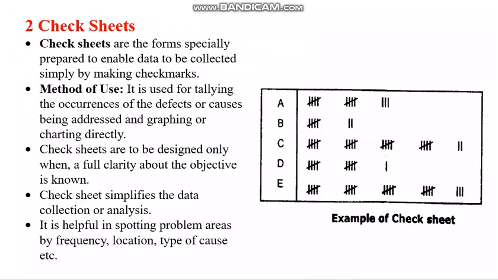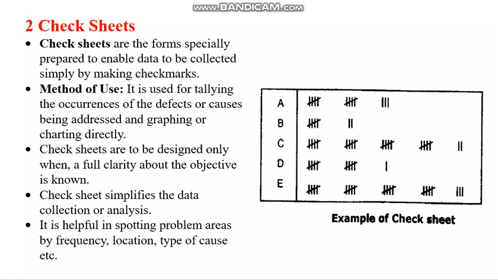Check sheets are forms specially prepared to enable data to be collected simply by making check marks. You remember when we started learning statistics, this is how we were noting the times something occurs, or we can say the frequency of a certain thing happening.